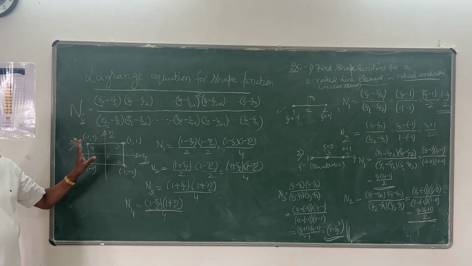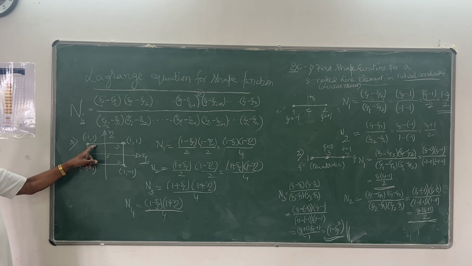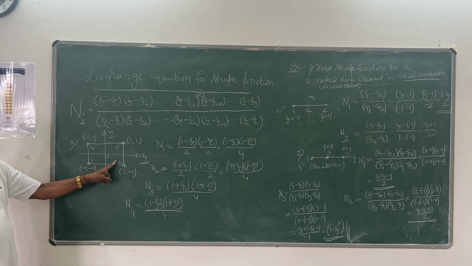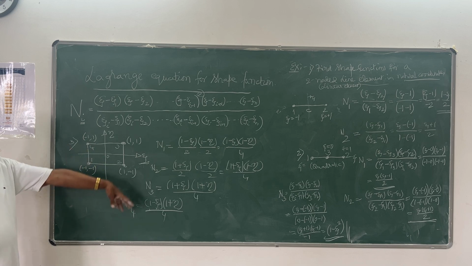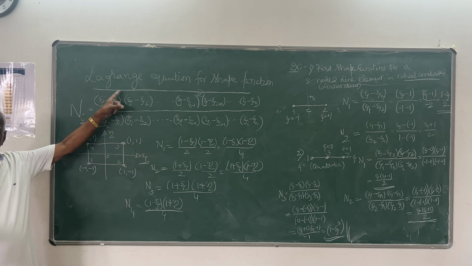Now we can write straight away. First quadrant, second quadrant, third quadrant, fourth quadrant. Here ξ is negative, η positive. Here both are positive. Here ξ positive, η negative. That you know, first quadrant, second quadrant, using that. But this is by Lagrange.